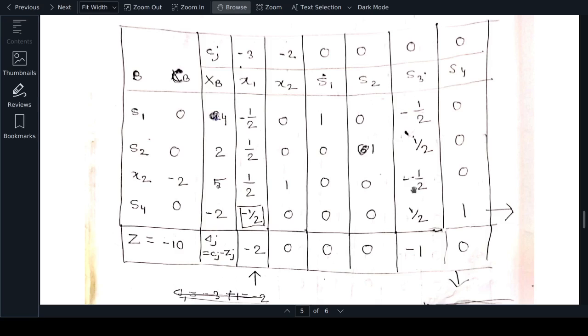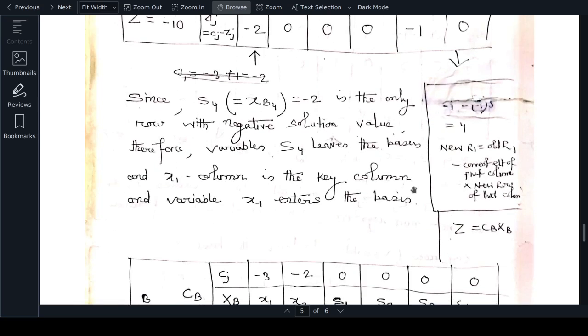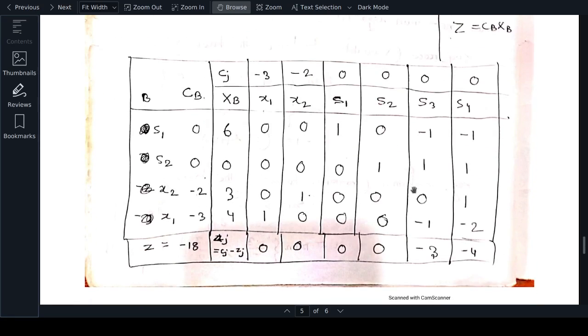Apply the same process to find the new elements, then you see in the third table all delta J values are 0 or less than or equal to 0, and all elements of the XB column are positive: 6, 0, 3, 4, non-negative.